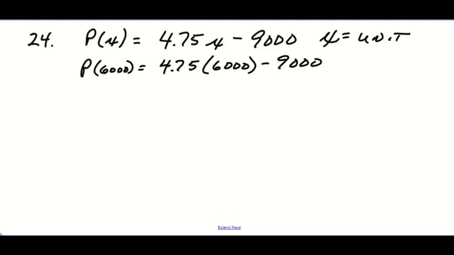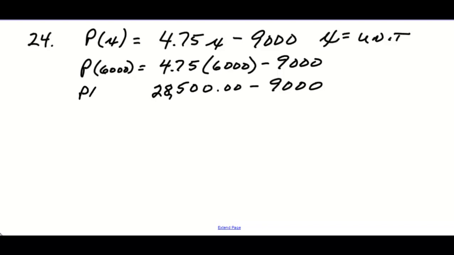When I multiply that across, I'll get 28,500.00 minus 9,000. I should put a comma in there.